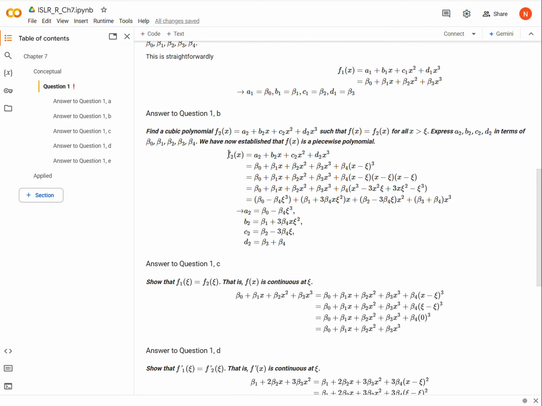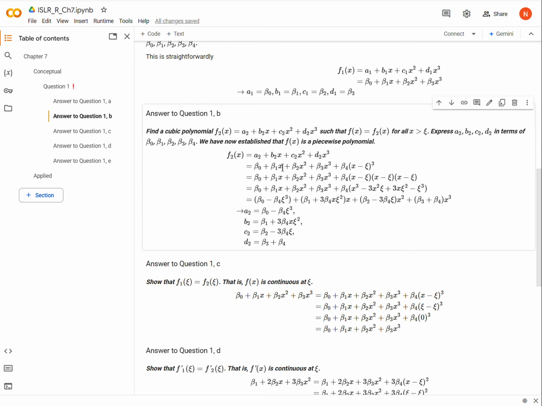We can start with f2 is a plus bx plus cx squared plus dx cubed, and this has to equal this expression with the additional term. We want to find the a, b, c, d such that f2 equals this.